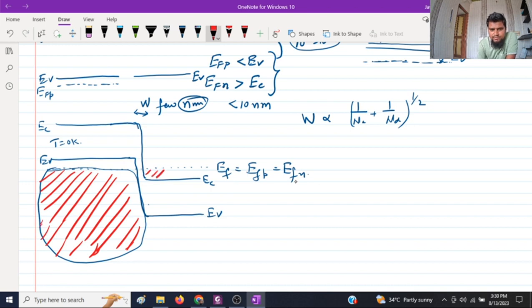Of course, because this region is also below the Fermi level, these areas are filled with electrons.